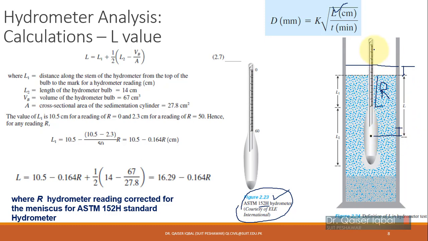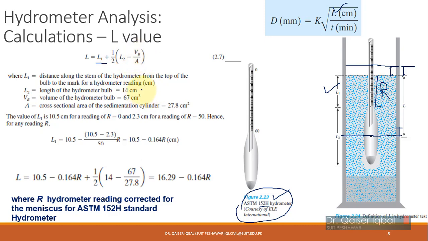If we neglect the volume of the tube and only consider the volume of the bulb, because the tube is very small, half of the bulb is immersed over here, so only half of the volume is raising the water above this height. But over here, because the full bulb is involved in raising the water level, the full bulb volume will be considered. So from this they have worked out and determined the value of L1, which you can read over here, and into half of L2 plus VB divided by A.